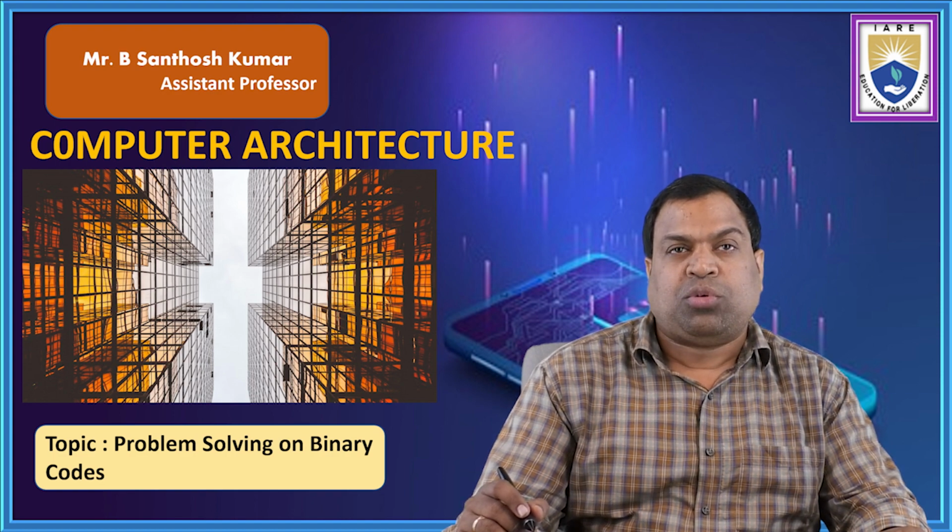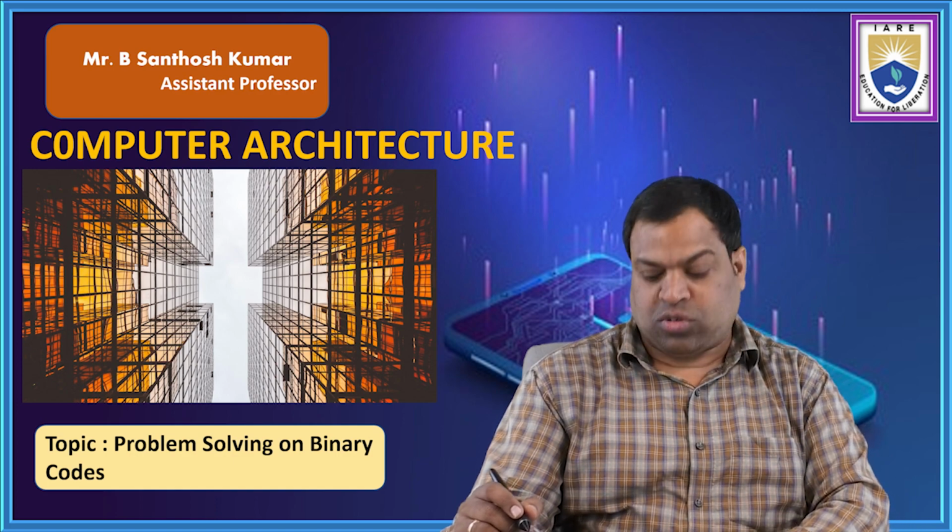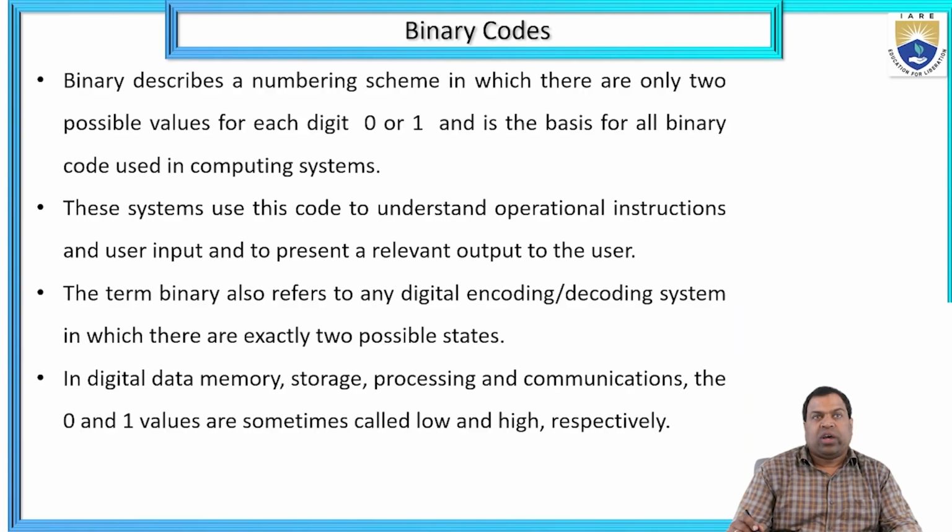My subject is Computer Architecture. Today I am discussing problem solving on binary codes. So what is binary code? A binary code describes a number of schemes in which there are only two possible values of each digit, 0 or 1, and is the basis for all binary code used in computing systems.